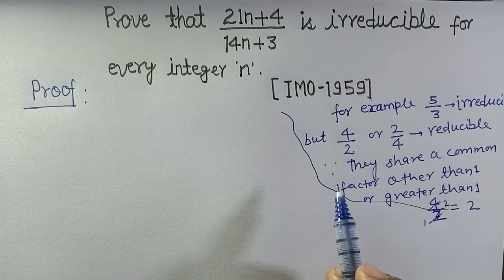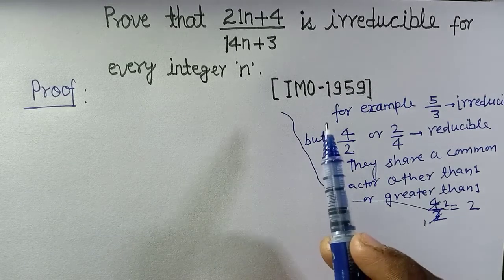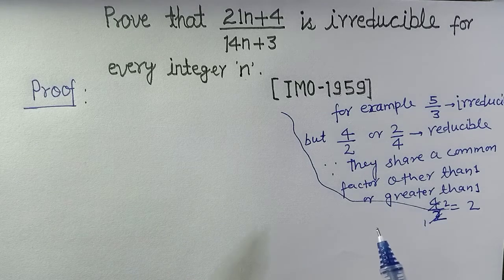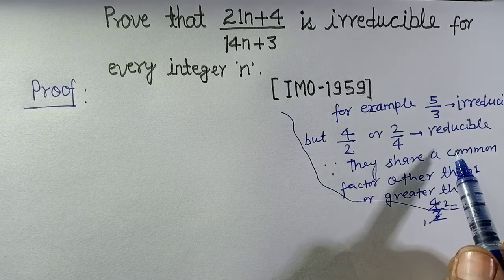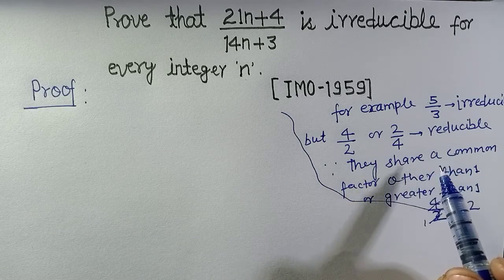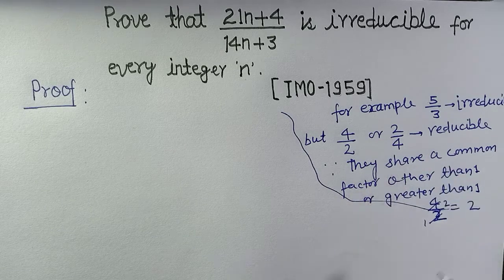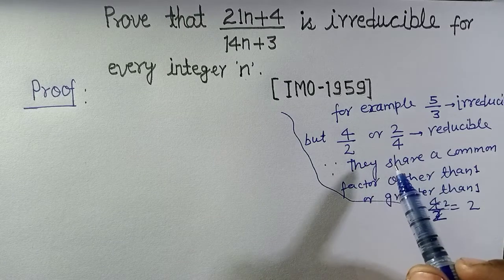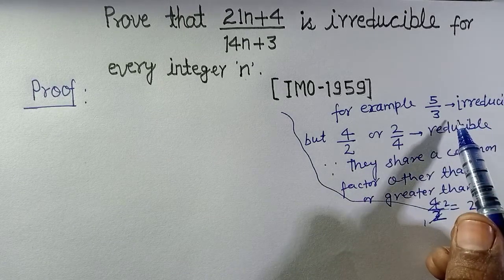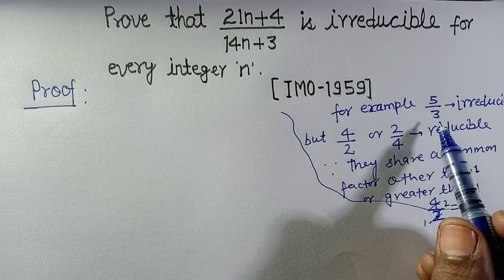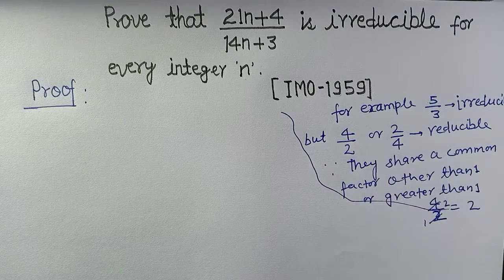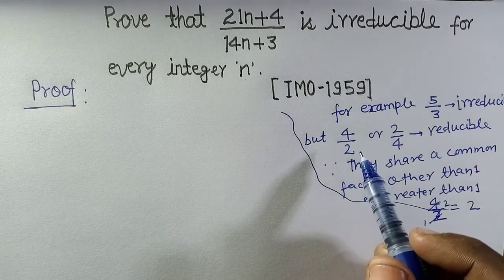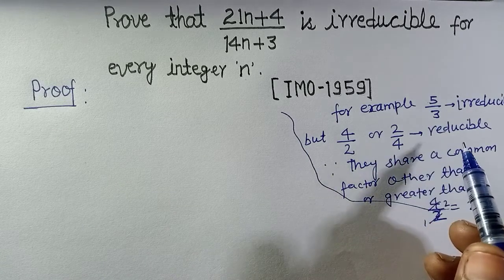So basically, what is the meaning of reducible or irreducible fraction? Reducible fractions are those fractions which can be converted into their simplest form, and irreducible fractions are those which cannot be converted into their simplest form.